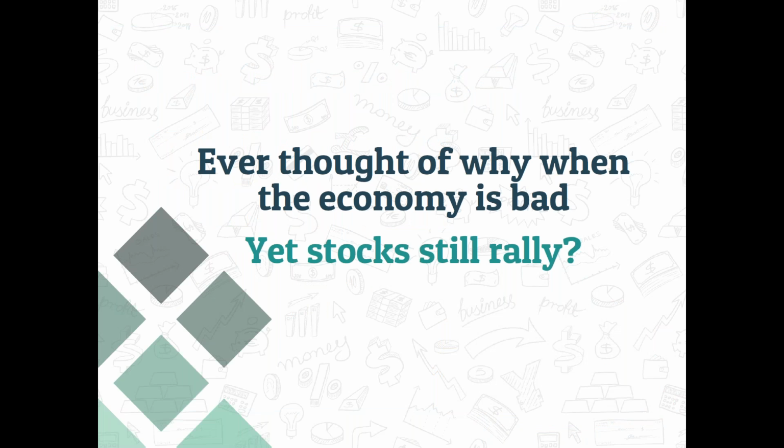This is where you realize, hey, how come when the economy is bad, the stocks can still rally? Just take a look at 2020. Globally the economy was not good. Of course not all sectors, some companies were still doing well, but if you take a look at the global economy, it was not good. People were being retrenched, the unemployment rate actually shot up, so the economy was not good.